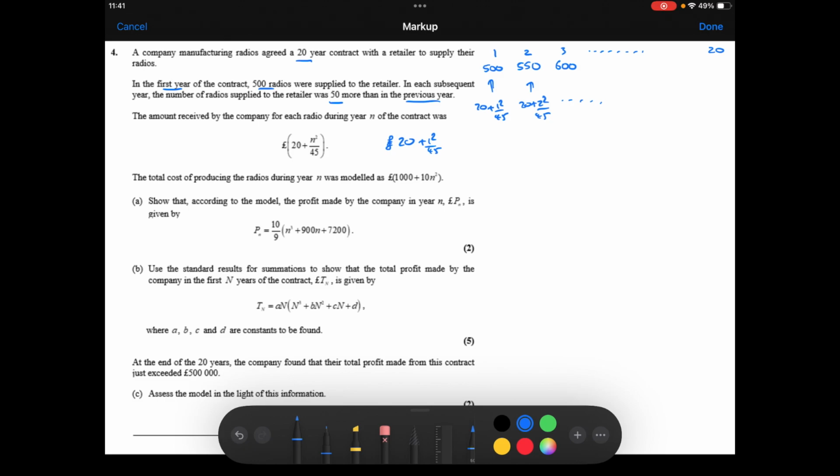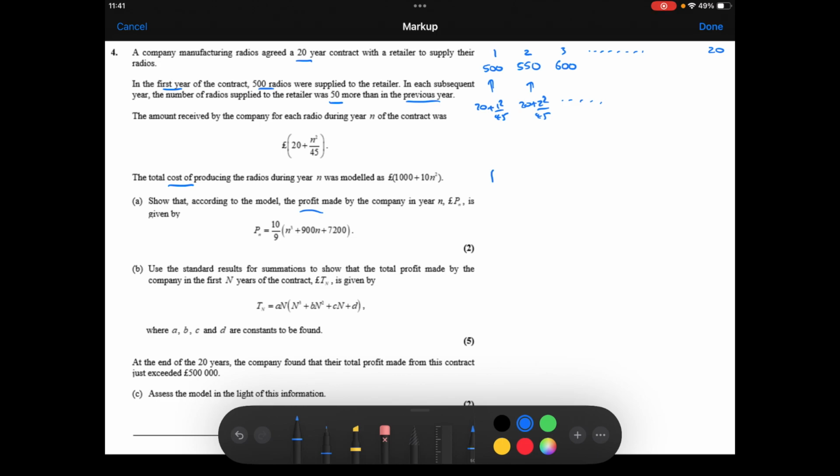The total cost of producing the radios during year N is modelled as 1000 plus 10n squared. That's the total cost. Show that, according to the model, the profit made by the company in year N, in pounds, is given by that equation there.